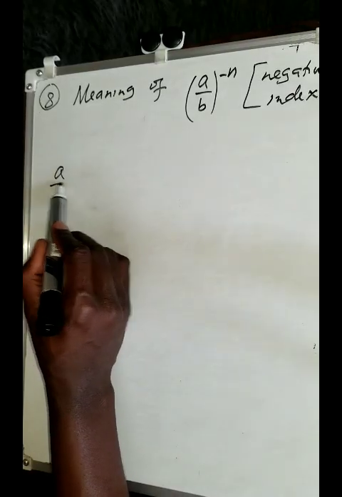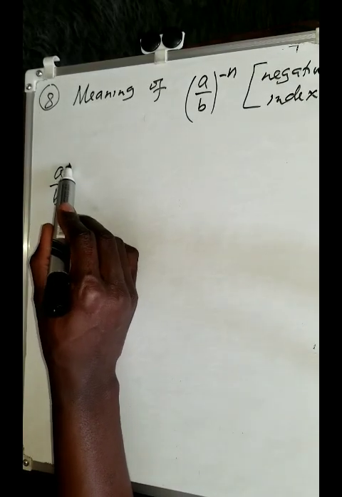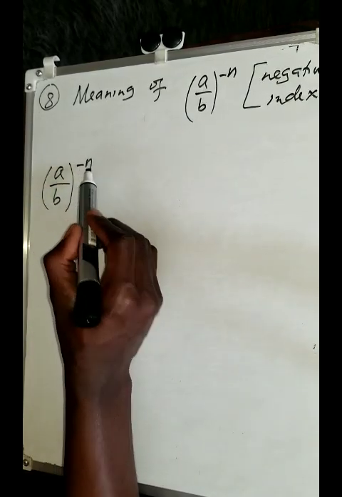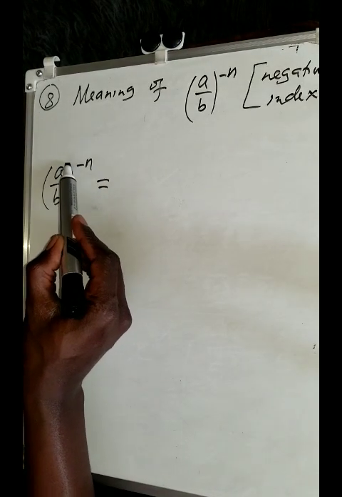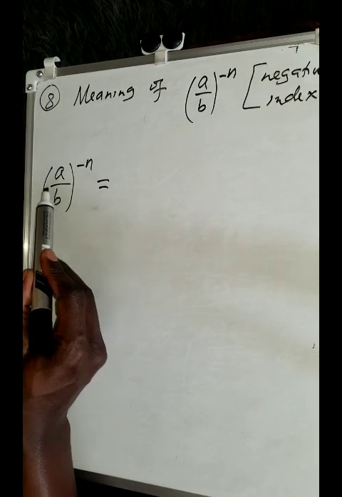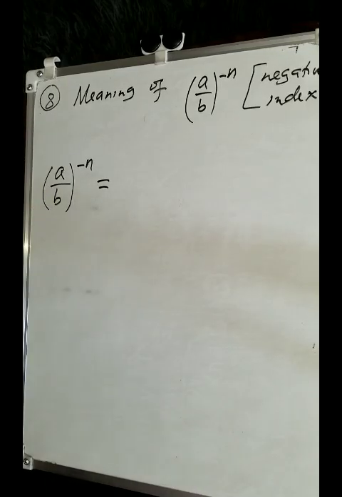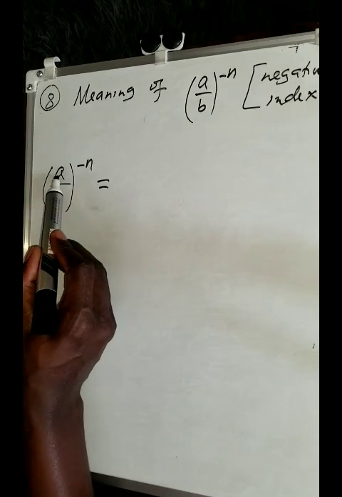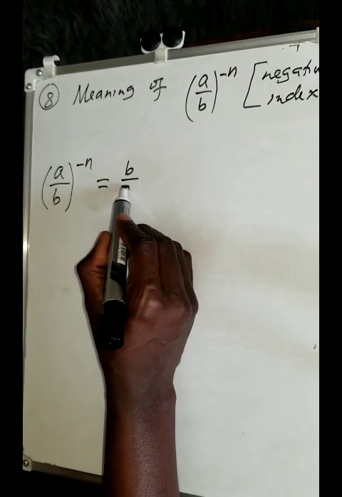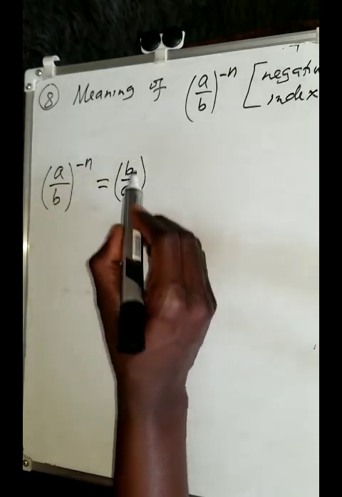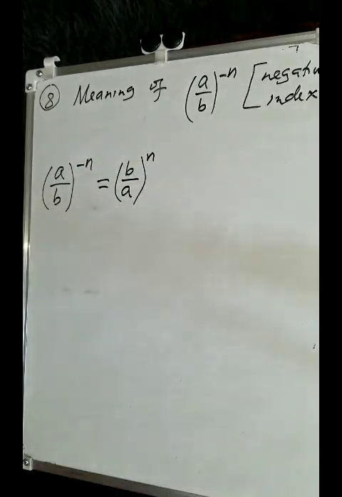So if you have A over B raised to negative n, what does that mean? Well, you can get rid of that negative by exchanging what is inside of the bracket. So the B goes on top, the A comes at the bottom. So it will be B over A, and this will be raised to a positive index.